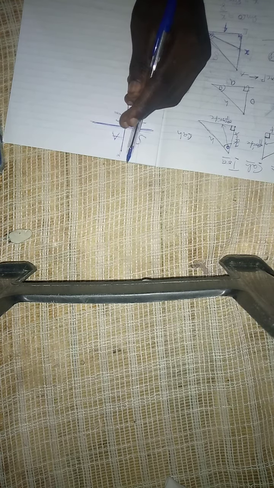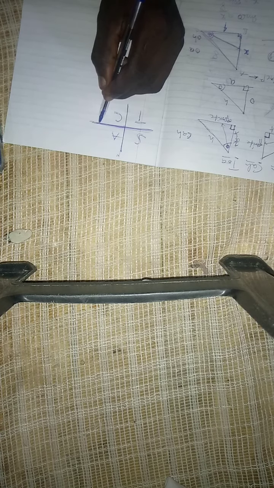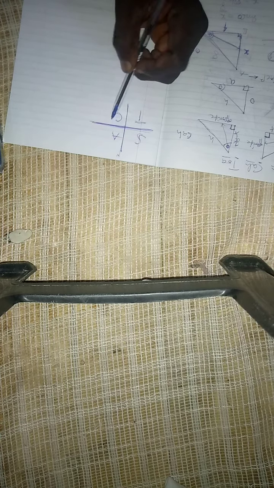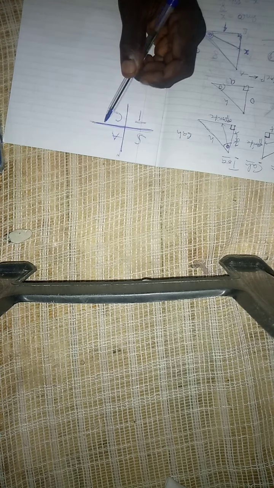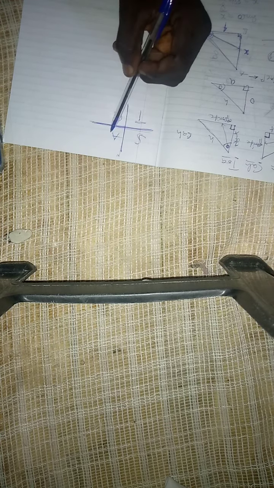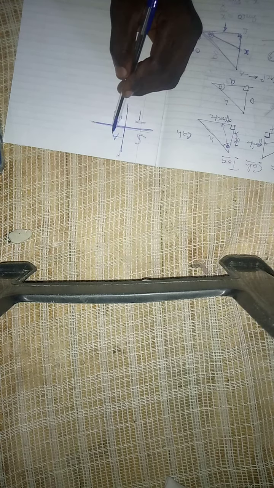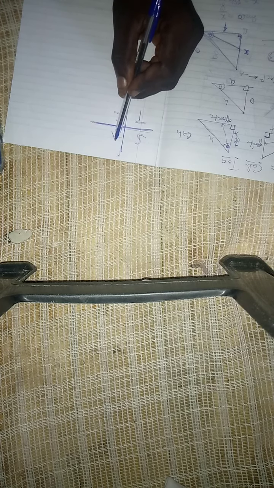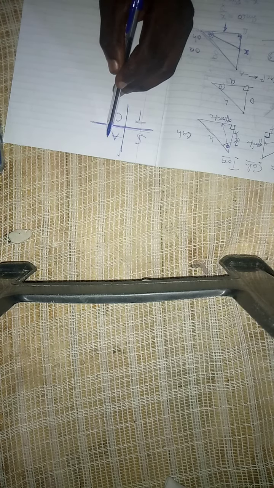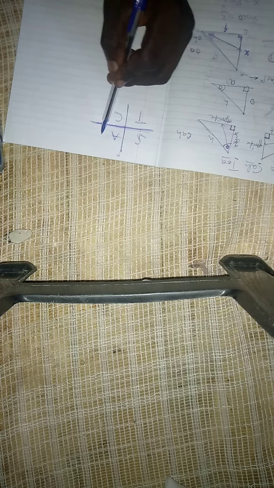It means that if you're having an angle here, the angle is positive for all the trigonometrical ratio. That's why we use A. A means all. So when we have sine, cos, or tan here, it is positive for all.